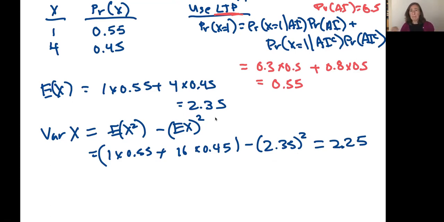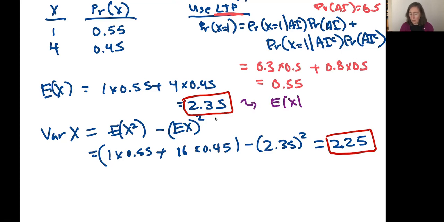Okay, and so it might be interesting to compare the numbers we got for the unconditional mean and variance to what we had before. Let me do a different color. Let's do purple here. Compare that to the expected value of X when there was anti-incumbent sentiment, which was 3.1. The expected value of X when there was no anti-incumbent sentiment was 1.6.